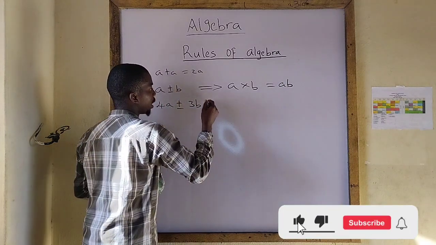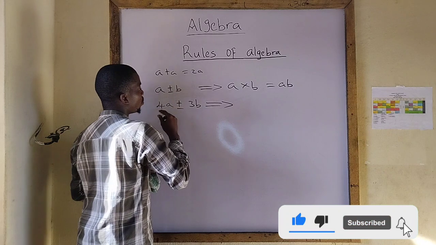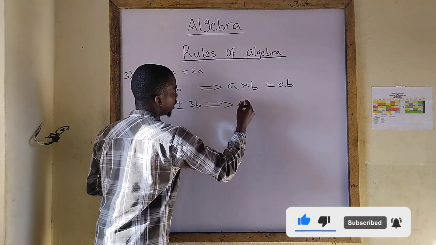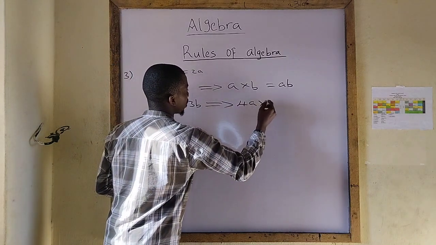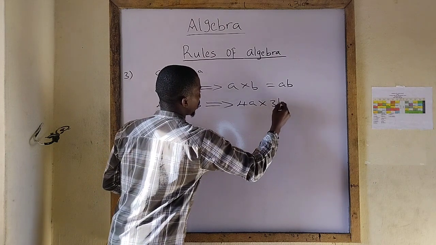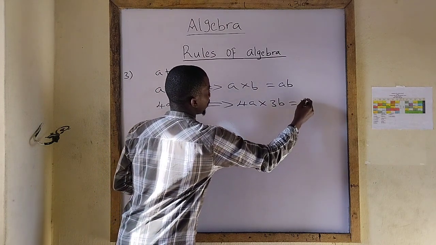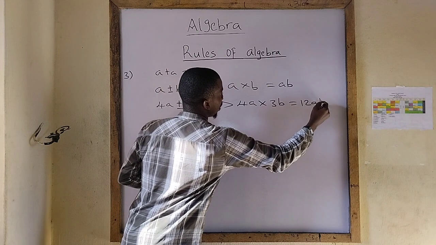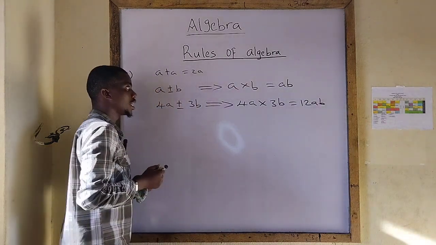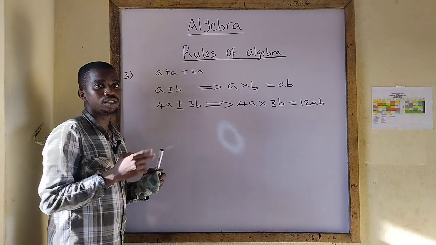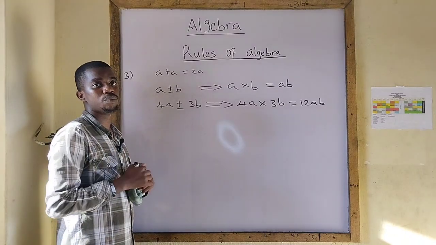We can as well multiply 4a times 3b, which will give us 12ab. We cannot add or subtract different alphabets, but we can multiply them.